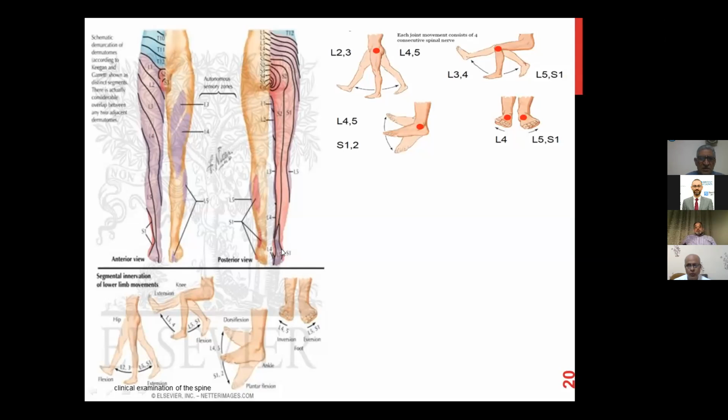S1 is the lateral part of the foot and sole of the foot. S2, the posterior part of the thigh, a strip on the posterior part of the leg and thigh, and S2, 3, 4, 5 are in the sacral group, perianal region.